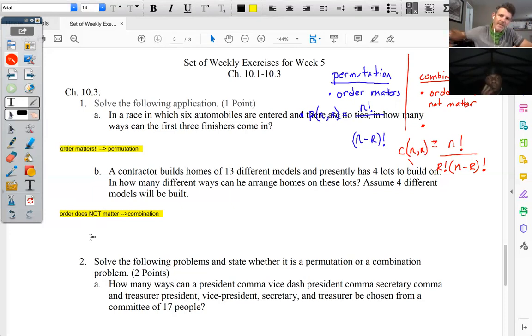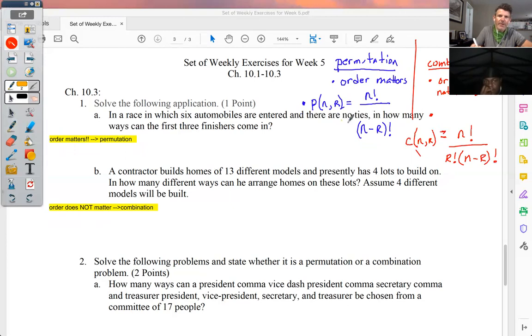Now, with that said, we have to identify what our N is and what our R is. Remember, N is just the number of things that we have, and R is the number we want to choose.